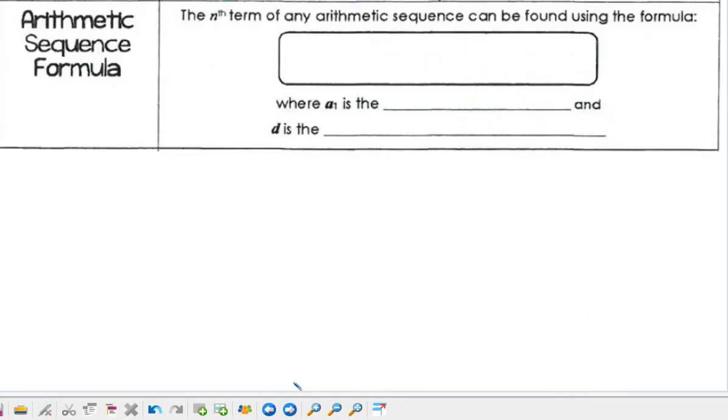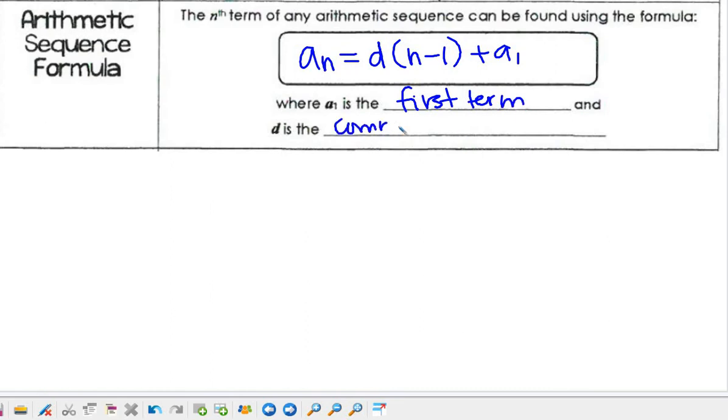Okay, so there is a formula. The nth term of any arithmetic sequence can be found using a very specific formula. A sub n, it's an explicit formula, is the common difference times n minus 1 plus the first term, where a sub 1 is, again, the first term, and d is the common difference.